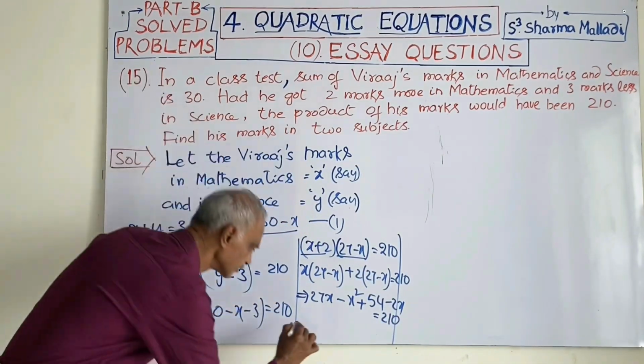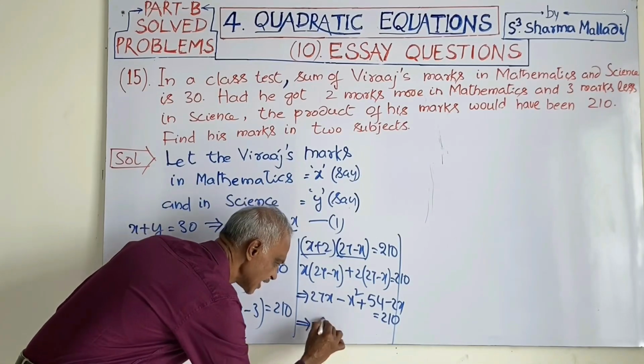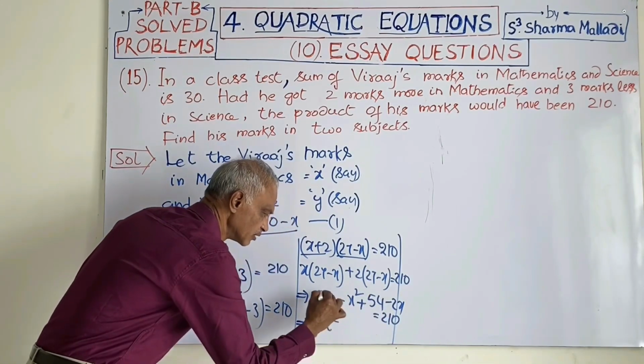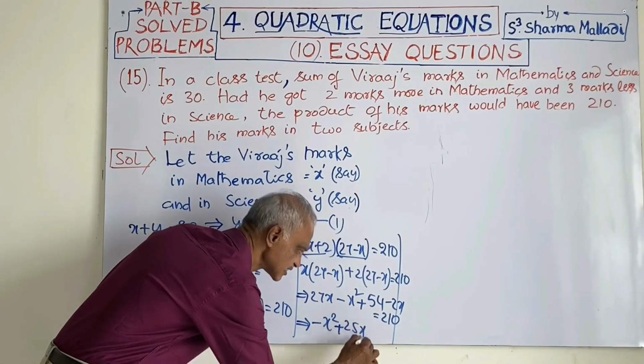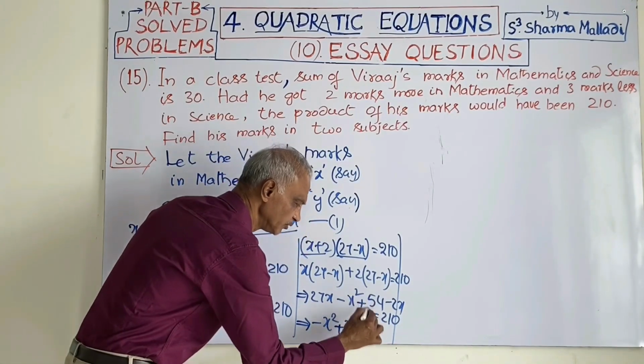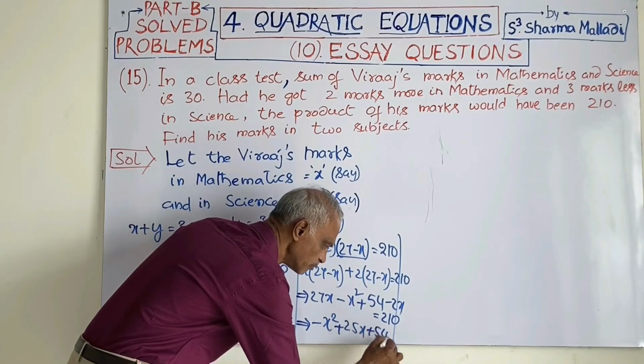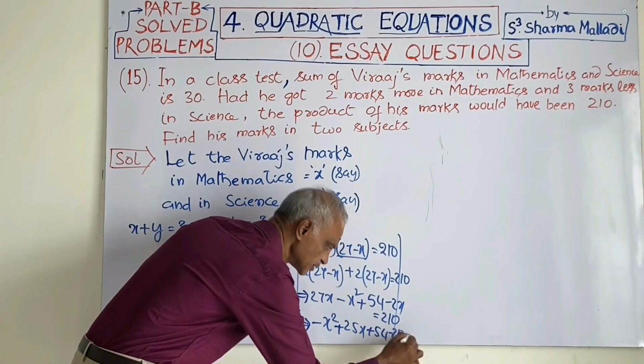Now you will get minus X square, 27X minus 2X, that is plus 25X, plus 54, minus 210 is equal to 0.